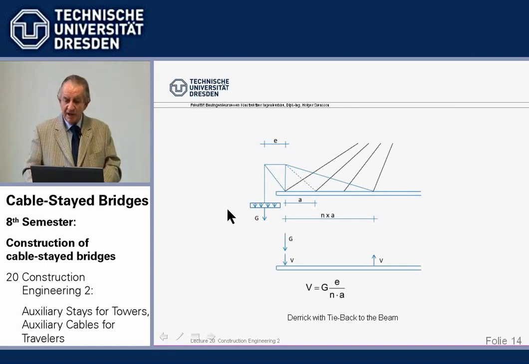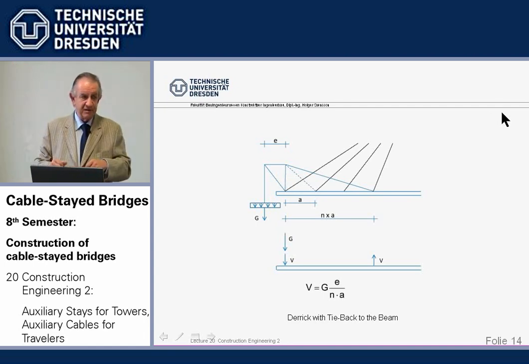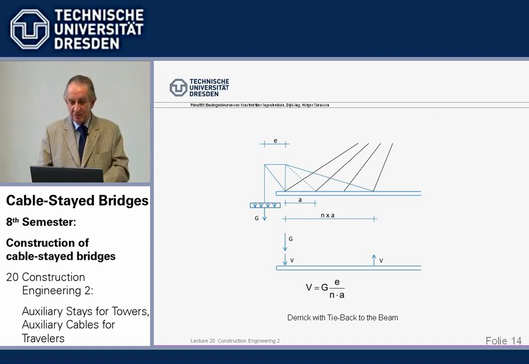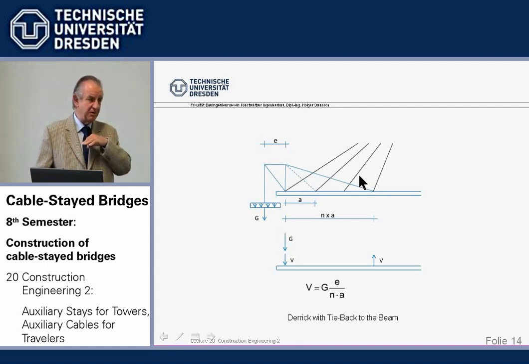Or we tie back the derrick either to the tower, then suddenly we have 150 meter depth, or we go back here, which is in effect the same, and that's what we prefer to do. We do not normally, for this load situation, strengthen the beam, but find some way to relieve the load here.